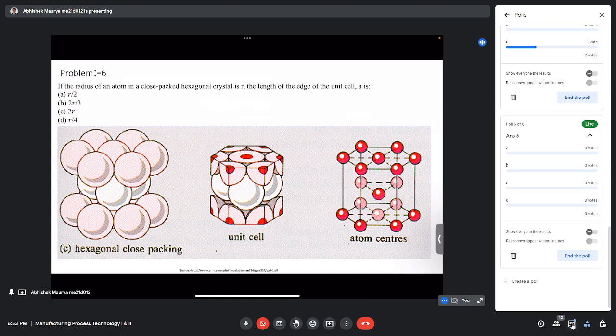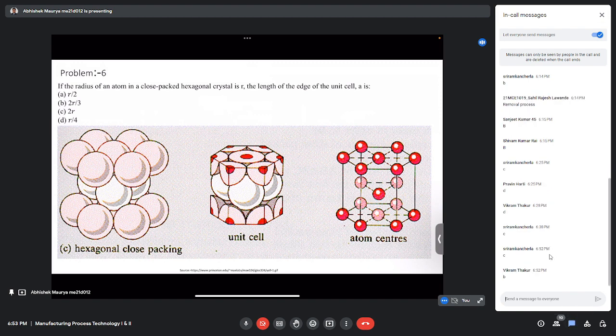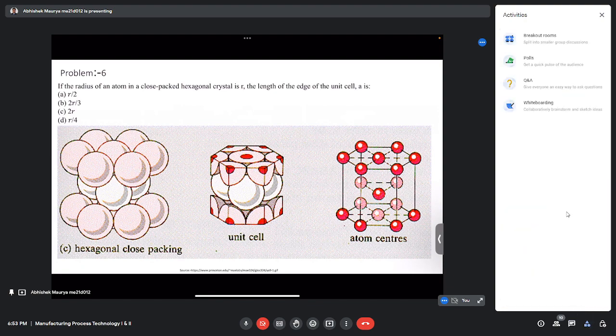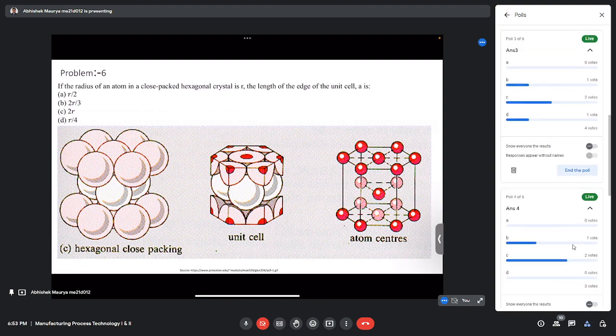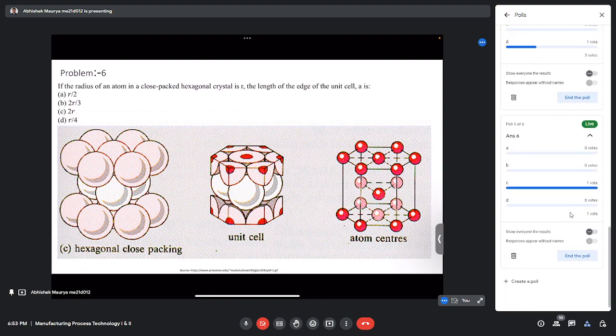Yes, I have launched the polls. I can see there are two responses in the chat box also. I will request everyone to give your response in the polling section so that other people can try independently.